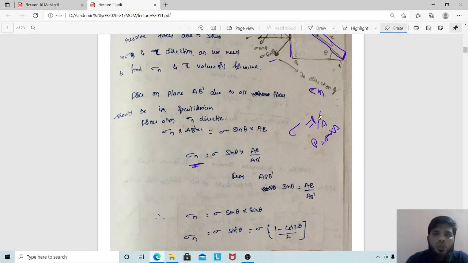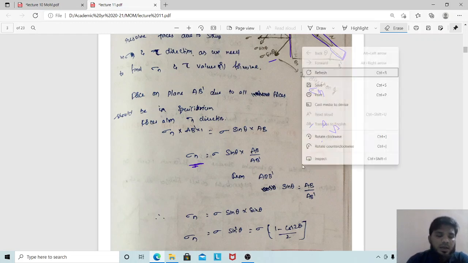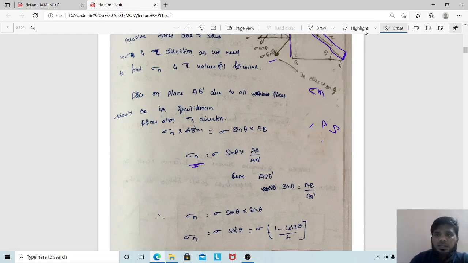After doing this, you don't know what AB and AB dash are. So what you have to do is one calculation: you have a triangle. Here we have another triangle, A, B and B dash, and we know this is angle theta.